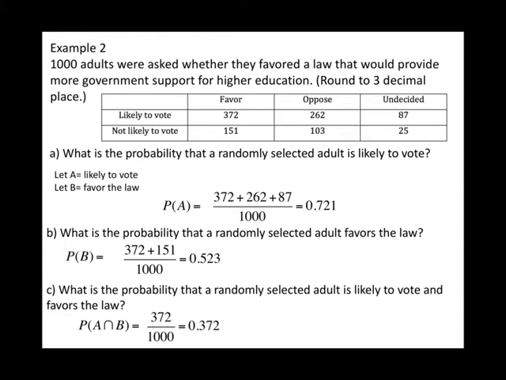I want you to keep in mind for the midterm and finals, if you have a probability question, make sure you state the notation, what you are looking for. Show me your work, how you get this number, and the final answer. Also keep in mind the probability is always between 0 and 1.